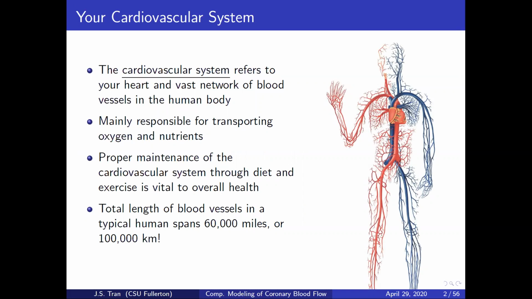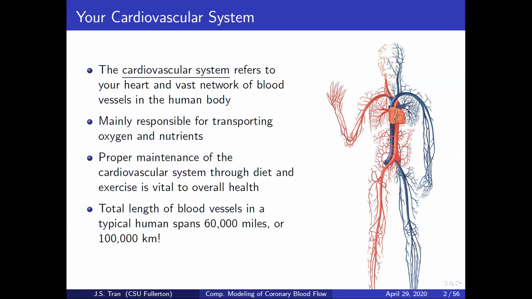So the focus for any kind of cardiovascular research is your cardiovascular system. Your cardiovascular system basically refers to your heart and the huge, vast network of blood vessels that go out through the human body. Okay, and so on the right here, I have a figure of a guy. Looks like he's waving hi to you, but I don't know if he realizes that he doesn't have any skin and bones. So he's maybe a little unaware of his situation. Okay? And so the purpose of the cardiovascular system is just for transport.